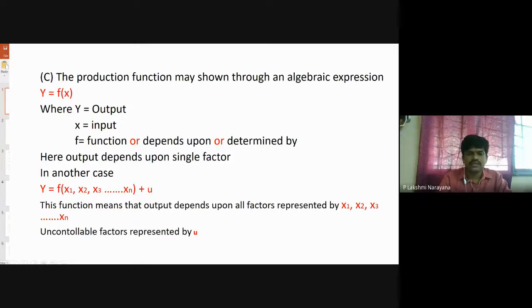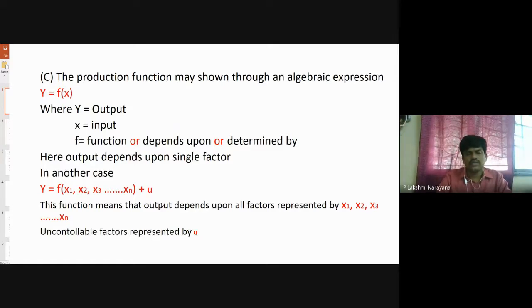So this equation shows x is not a single factor. It may be x1, x2, x3, and so on xn. So this is multi-variable, multi-inputs.